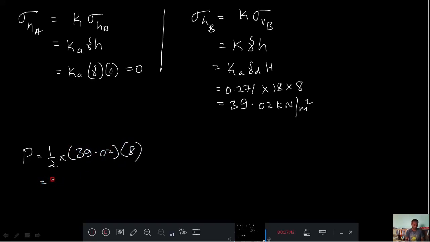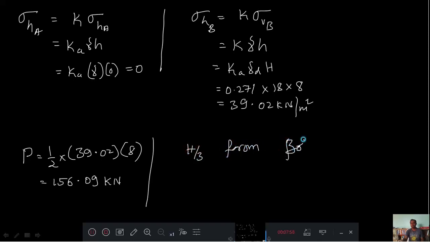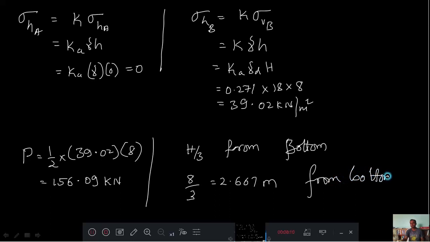The answer is 156.09 kilonewton. And where is it acting? It is acting h by 3 from the bottom. Therefore 8 by 3, that is 2.667 meter from bottom. Right? This is your problem solved.